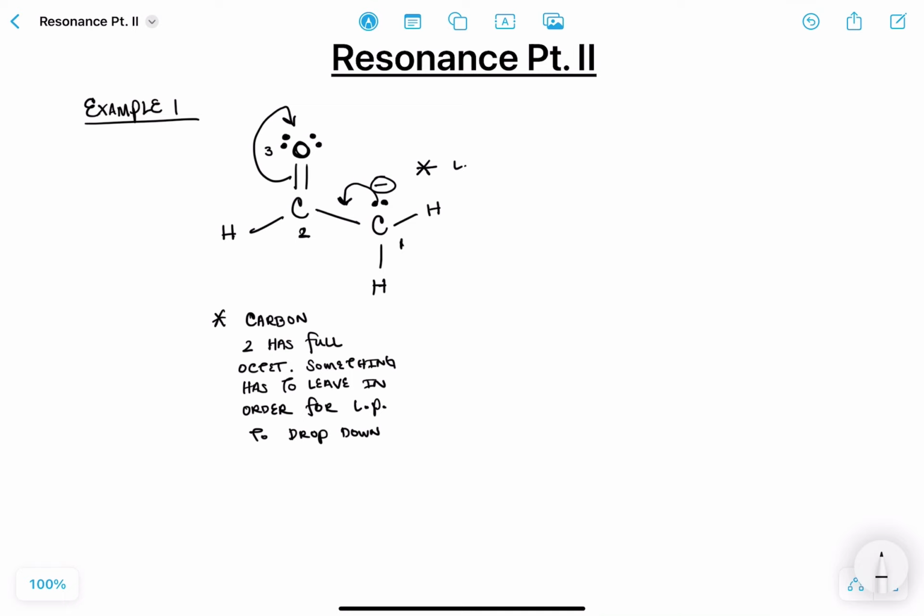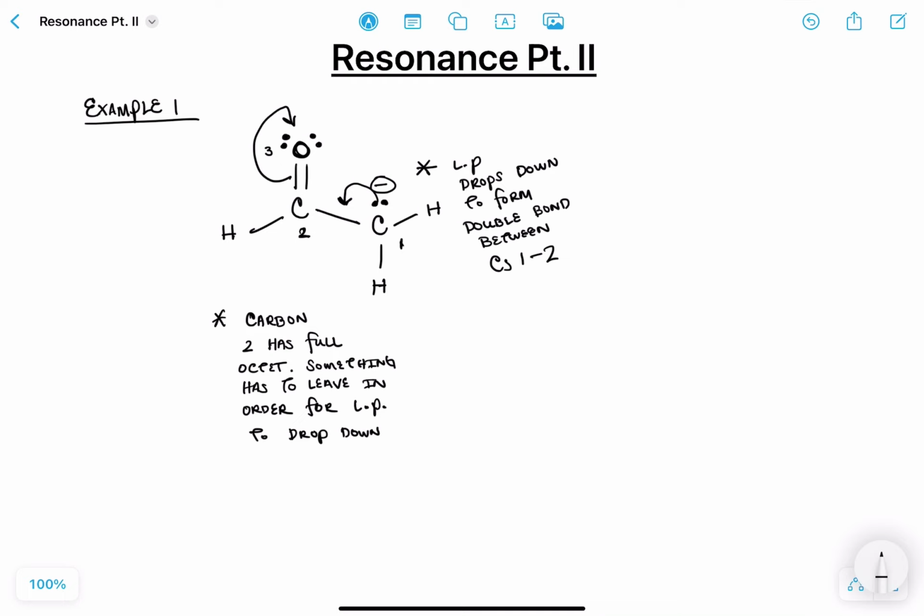The first is a lone pair drops down to form a double bond between carbon 1 and 2.